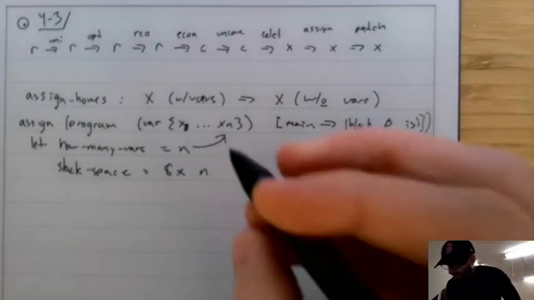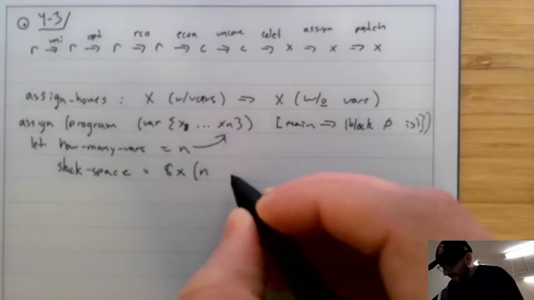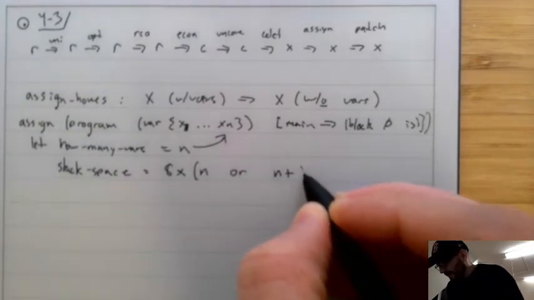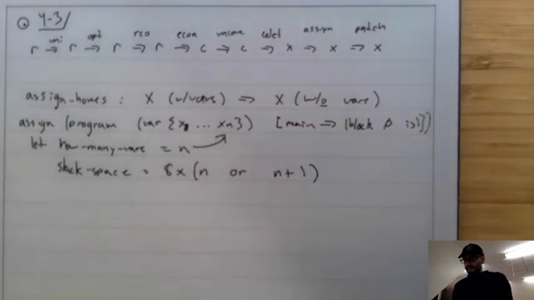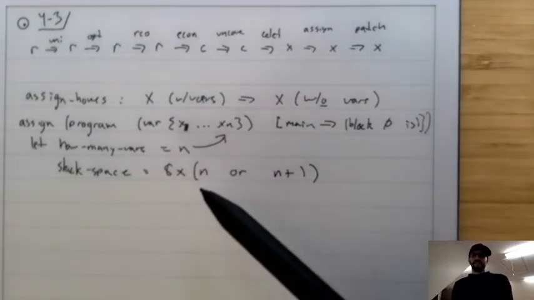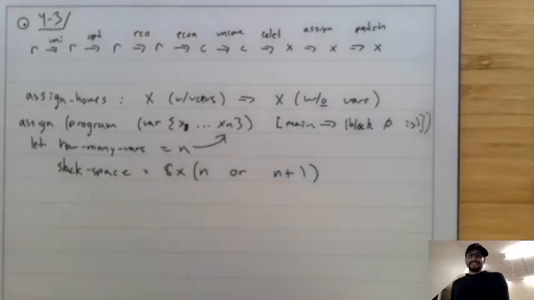So basically what that means is that we either need to do n or n plus 1, depending on whether n is even or odd. If n is even, then we can use it because it's going to be divisible by 16. Because if it's even, then it was 0, which means that it was already divisible by 16. Or if it's like 4, well then 4 times 8 is. But if n was odd, then that means that we need to add 1 to it and use a little bit extra space.